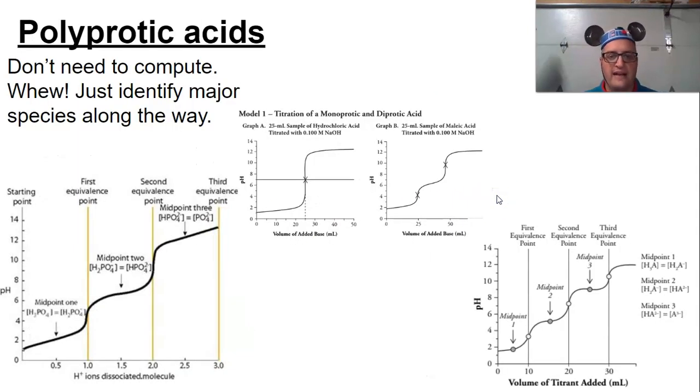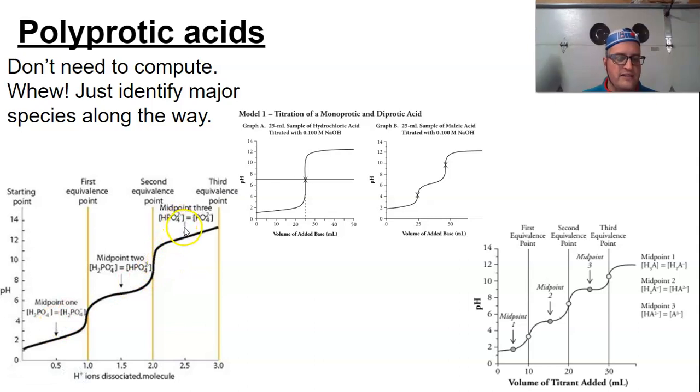Now, polyprotic acids. Whoa, wasn't one acid enough? You don't need to compute these, okay? But you do need to identify major species along the way. So, for example, when we're thinking about this triprotic acid, at the midpoint, you have these being equal, okay? All these being equal.